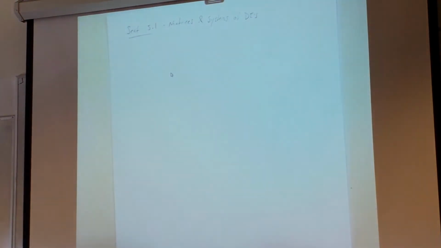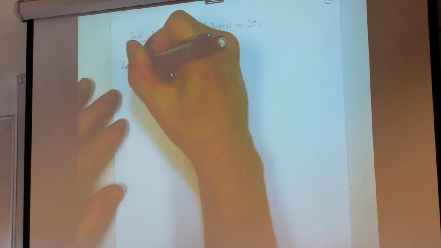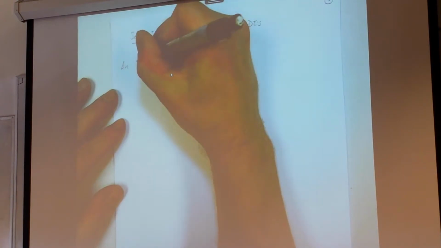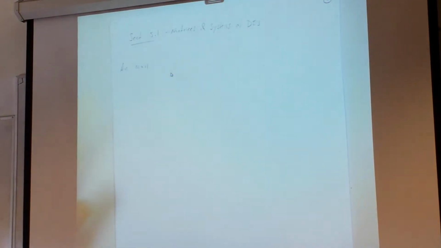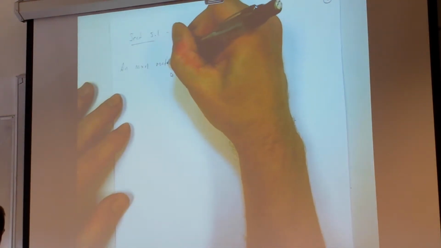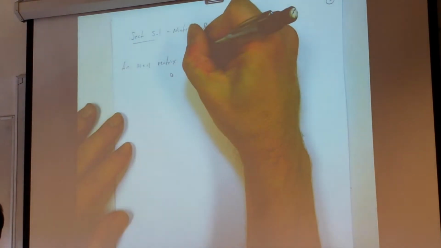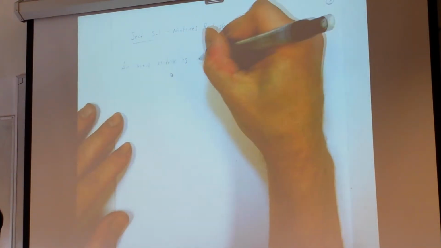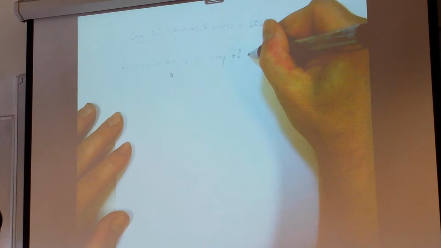All right, so to get started, a matrix. In particular, an M by N matrix has nothing to do with Keanu Reeves. It is an M by N array of elements.